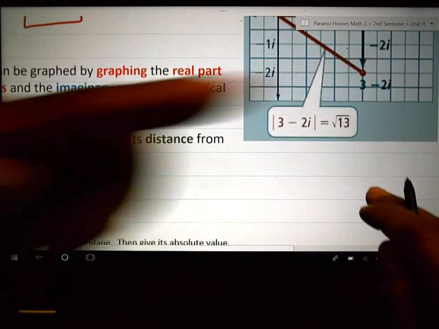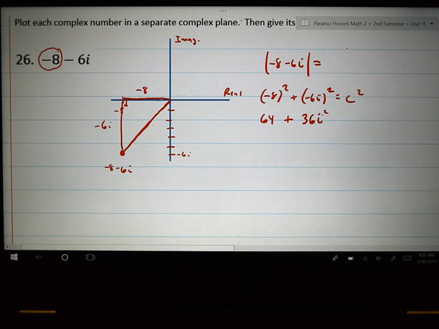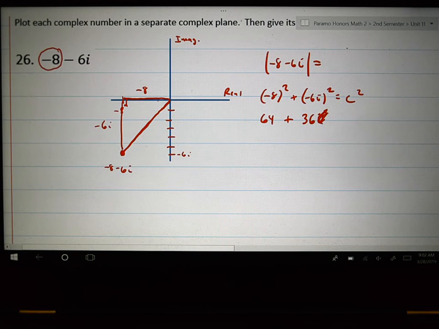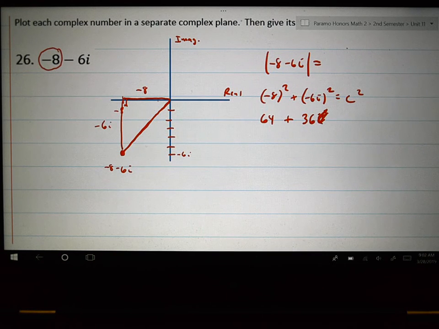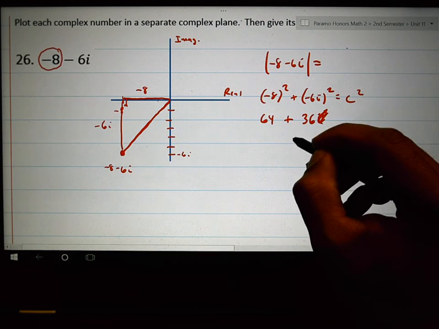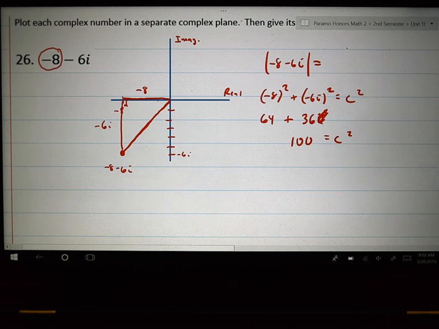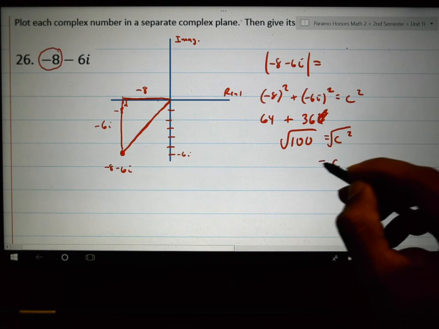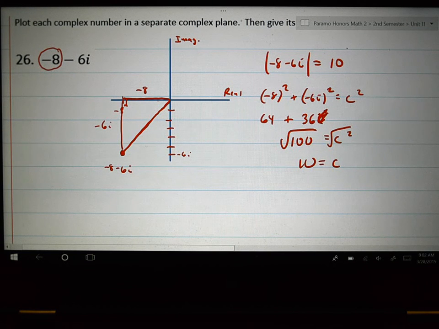It's just distance. Don't get confused by this i squared. Don't turn that into a negative. We're just looking at the distance. 64 plus 36. Square root. The absolute value of negative 8 minus 6i is going to be a distance of 10.